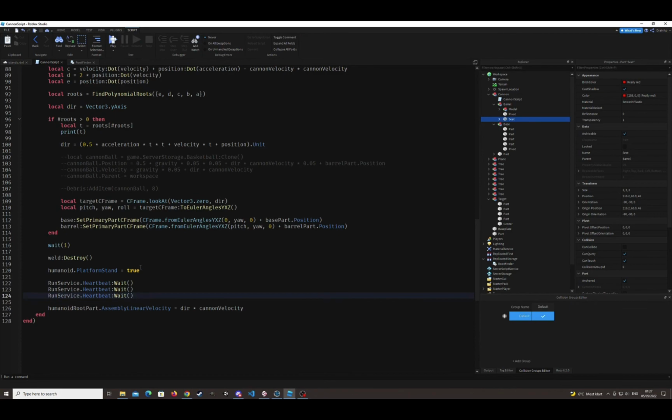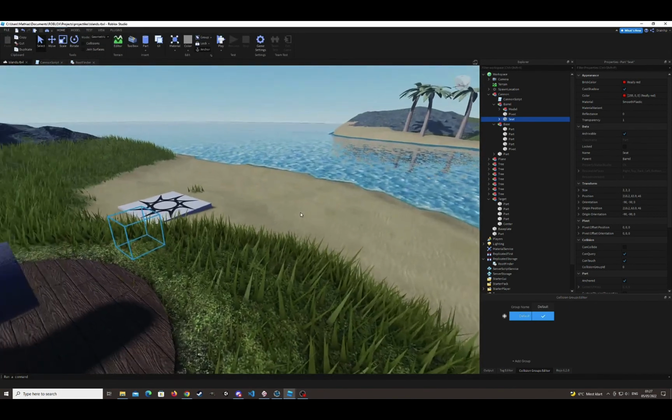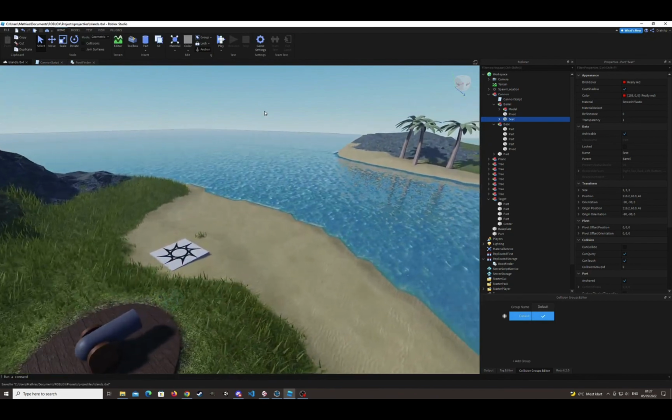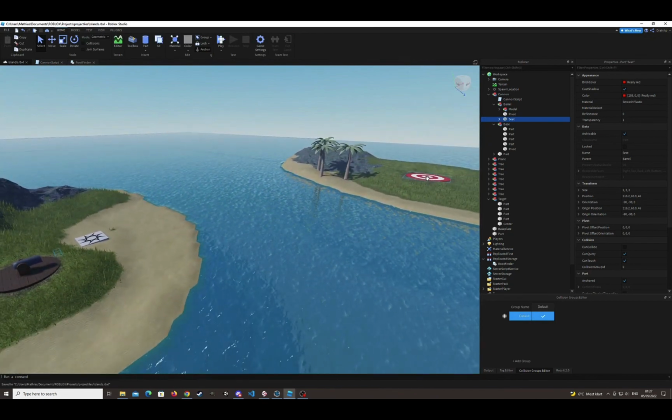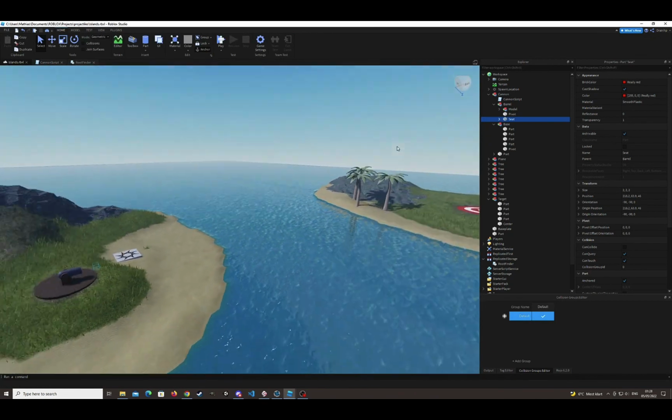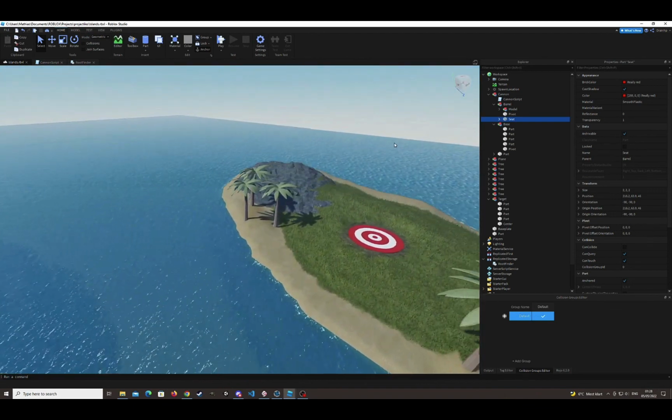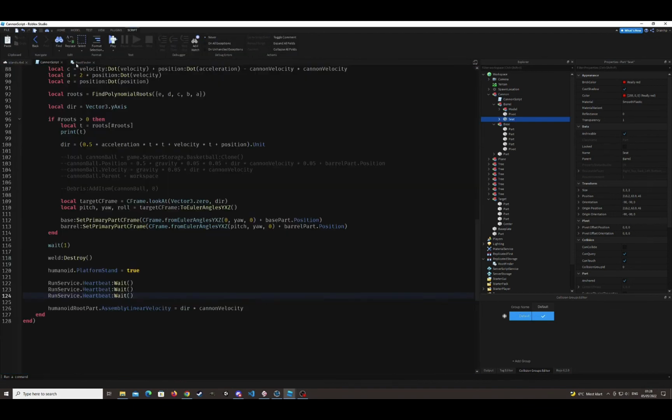Don't we essentially know the time that it's supposed to hit? So you could just disable it right after we know that it's supposed to hit.